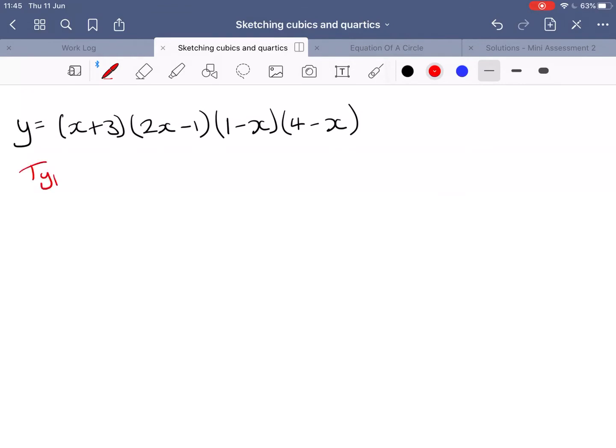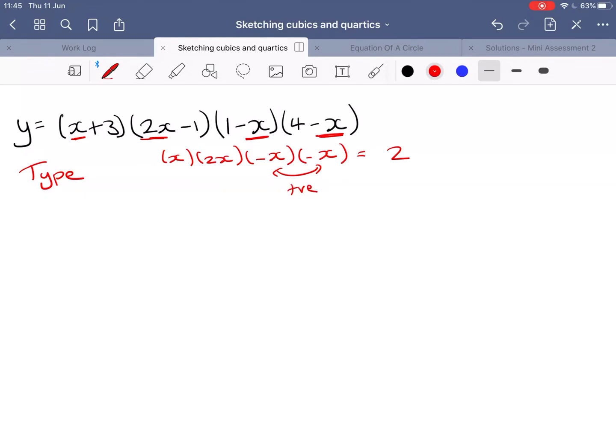Okay, now then, so let's think about our type. What type is this? I've got an x multiplied by a 2x multiplied by a minus x and multiplied by a minus x again. So this is going to tell us what that highest power is. And obviously that's going to make 2. Now I've got a positive times a negative times a negative. Well, these two combine, negative times a negative make a positive.